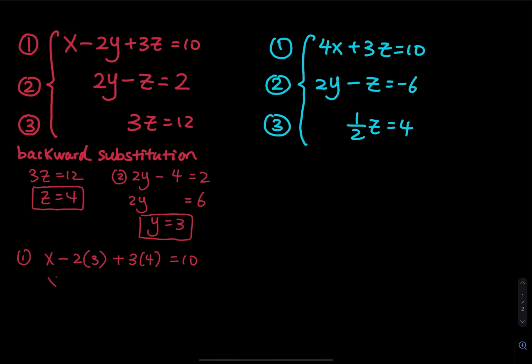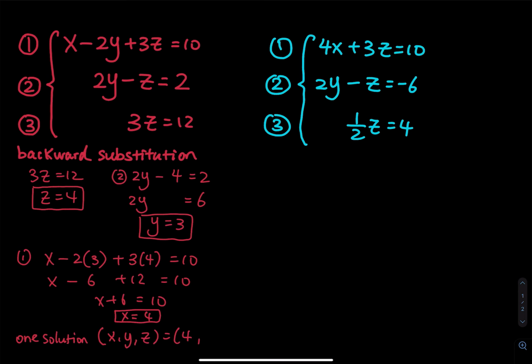So this is x minus 6 plus 4 equals 10. Then x minus 2 equals 10, and x equals 12. So this system has one solution, and the solution is written as x, y, z: x equals 4, y equals 3, and z equals 4.